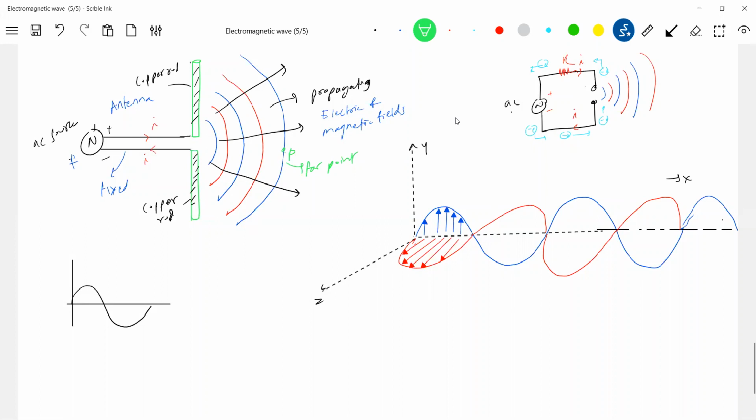I'll see that the EM wave is present. Here the electric and magnetic field is there. How will it propagate? What is Maxwell's equation telling? This varying electric field will produce a magnetic field here. So who is responsible for this magnetic field here?